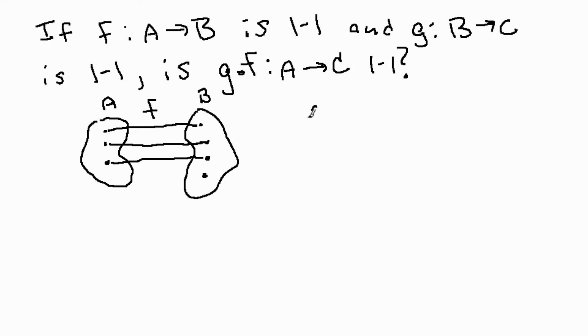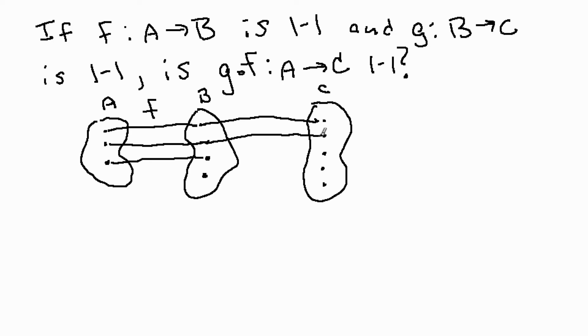And let's come over here and draw C. Let's give C some more points here. And suppose we had some relationship that looked like this. Okay, and this would be g. And we can see over here that this is clearly a one-to-one function, and this is clearly a one-to-one function.